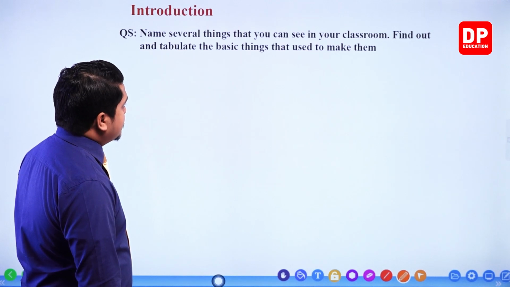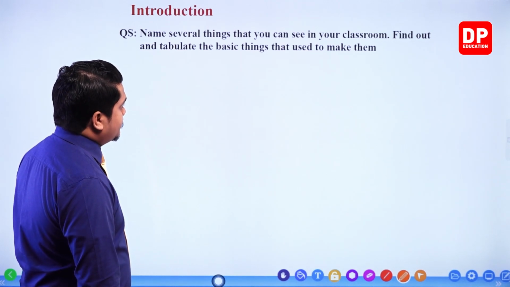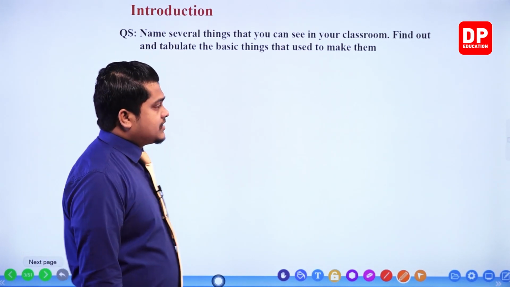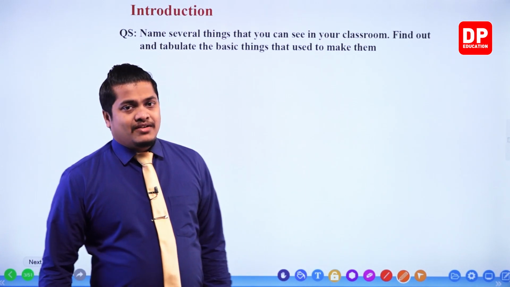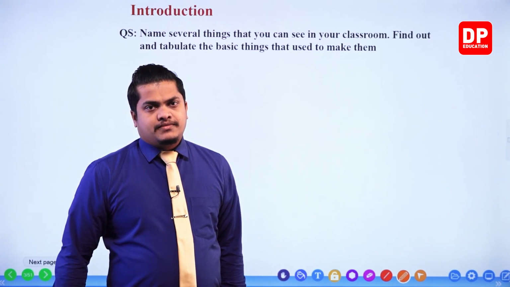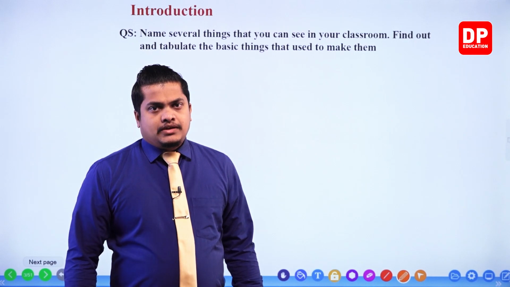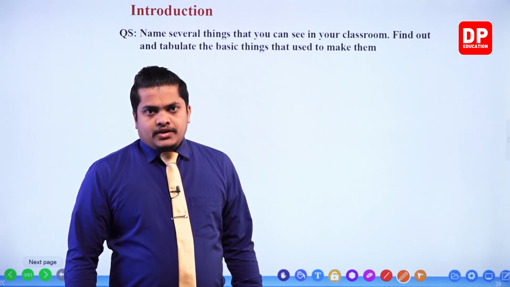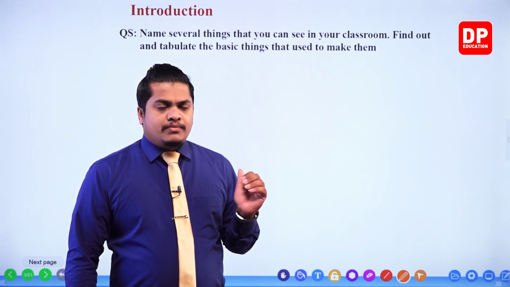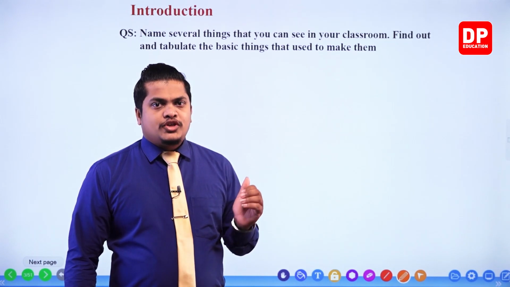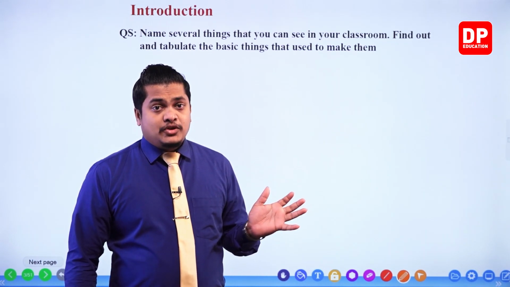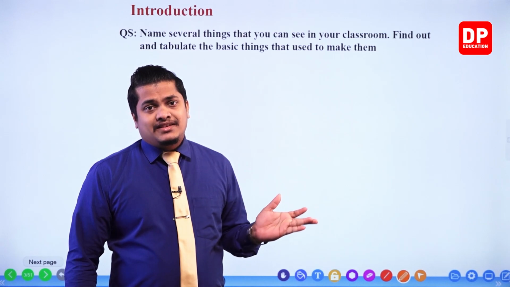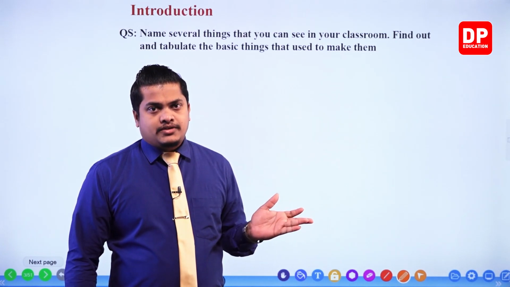So when you observe your classroom, what are the things which you can observe? What you have to do is write down the basic things which can be used in making each and every object in your classroom.